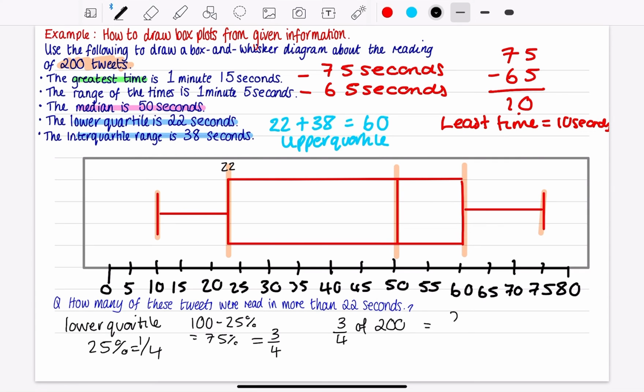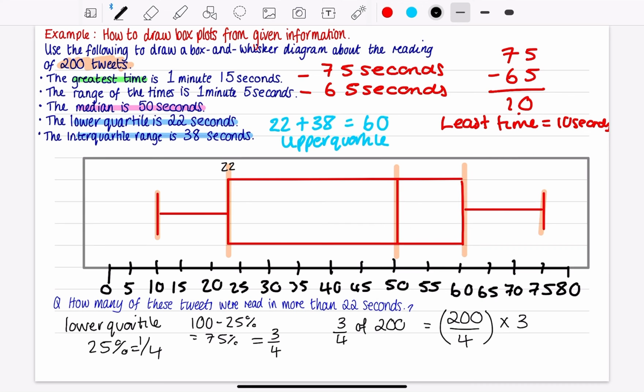So I'm going to do 200, divide it by 4, and times it by 3. In doing so, we are going to find 75%, or the amount that is read in more than 22 seconds.